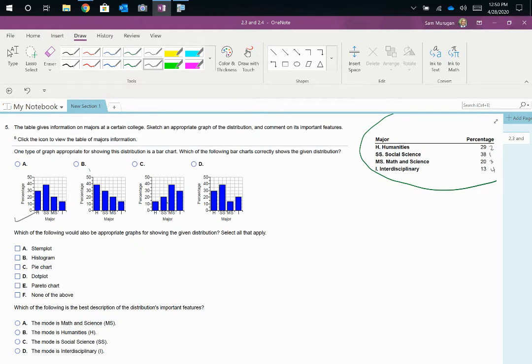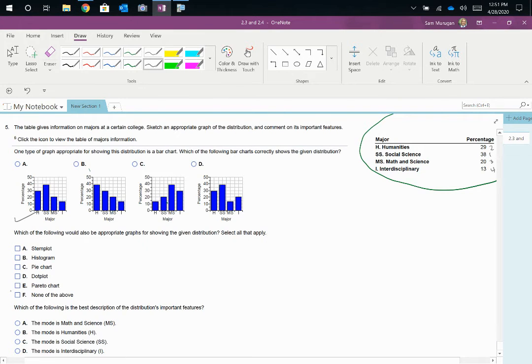The highest category. Notice that in all of them, social sciences is the highest, so you would have to look for the second highest. The second highest would be humanities, graphs A and D would be choices, so then we would have to go to the third thing, which is math and science, and graph D has the wrong height for math and science.